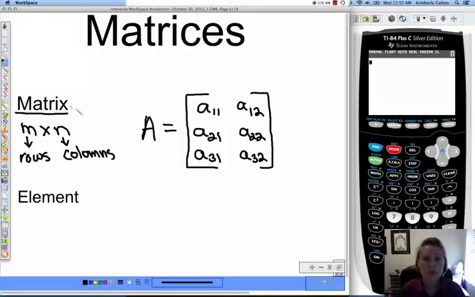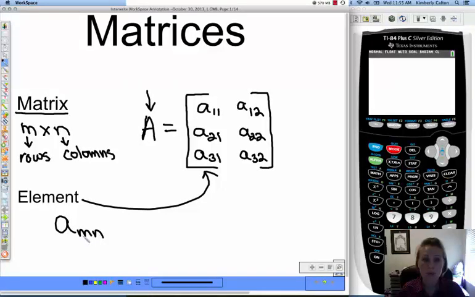All matrices are denoted by capital letters. This is matrix A, and every element, which is the number that is inside the matrix, will have a small letter, or a lowercase letter, to define it. Now each element has a number behind it, and those numbers tell me the position of the element in the matrix.